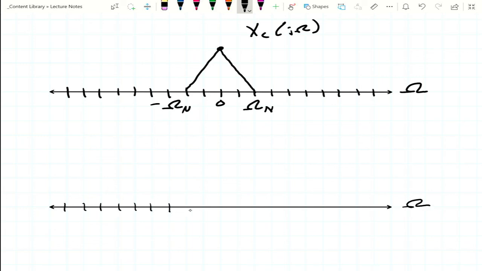Now we're going to plot the Fourier transform of our sample sequence, S of j omega. Let me use a different color. So that's 0.